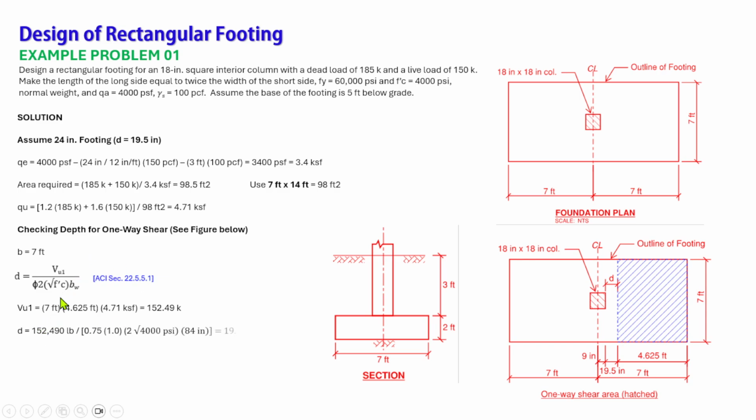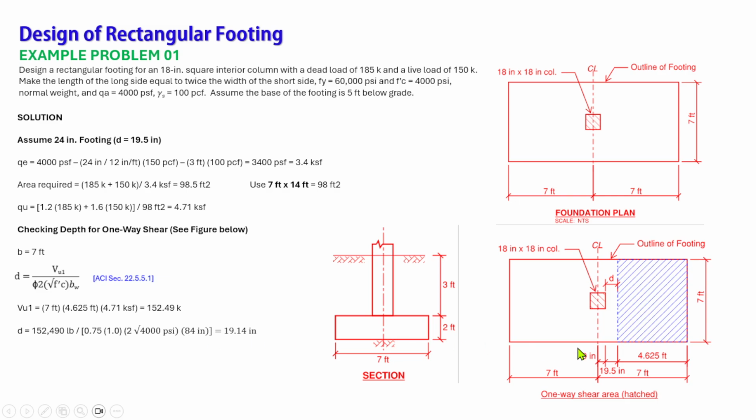If we plug in all these values to that formula, we have 152,490 pounds over 0.75 times 1, lambda for normal weight concrete. There should be lambda here in the formula, times 2 times the square root of the concrete strength, which is 4,000 psi, times the 84.